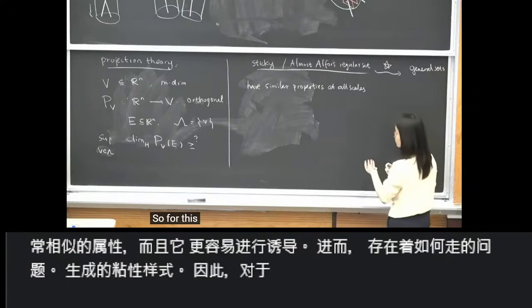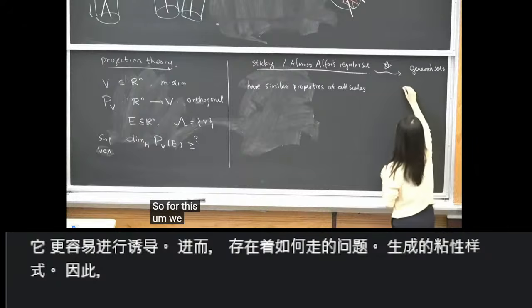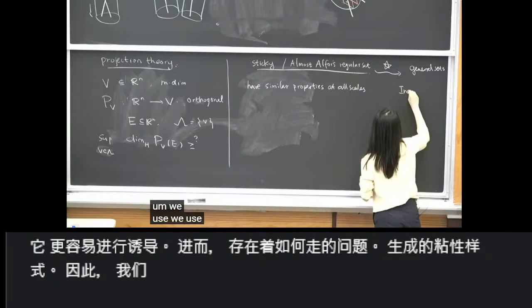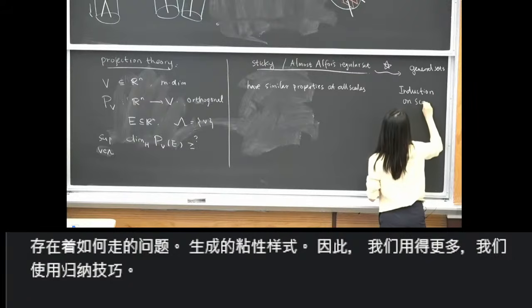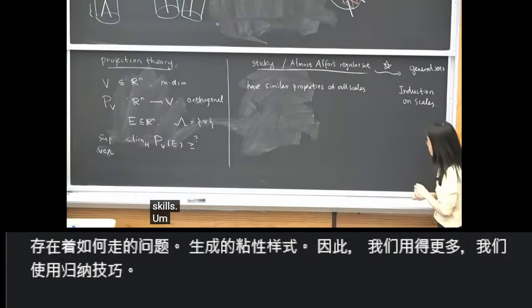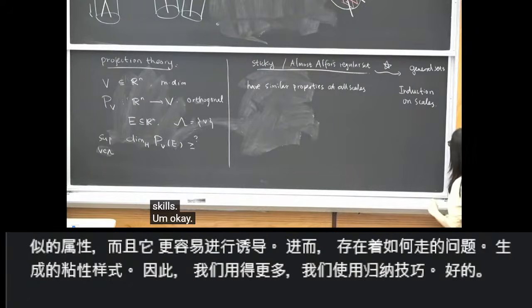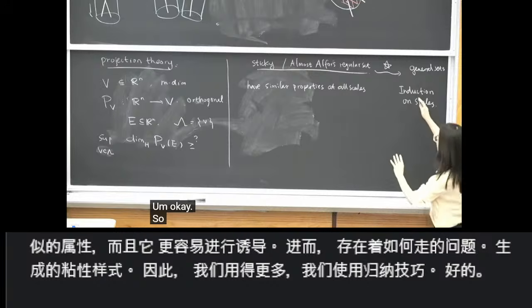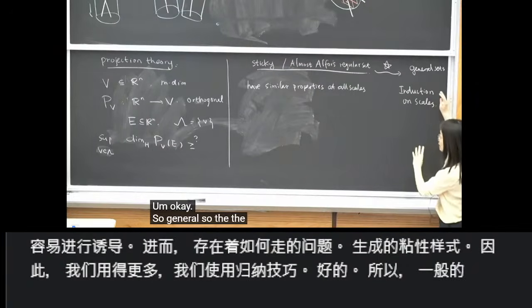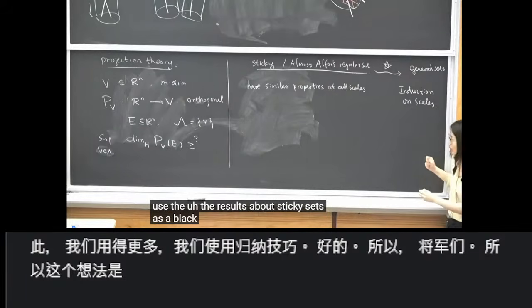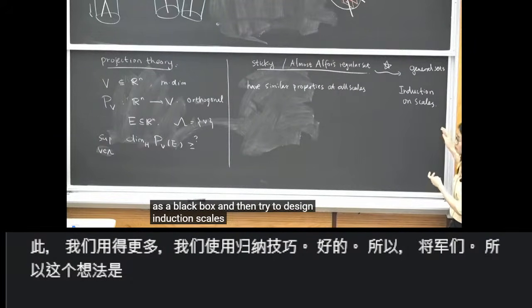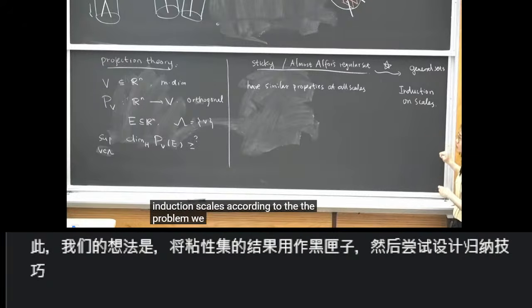For this, we use induction on scales. The idea is that we use the results about sticky sets as a black box, and then try to design induction scales according to the problem we want to study.